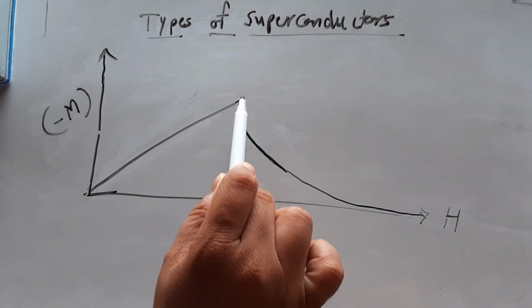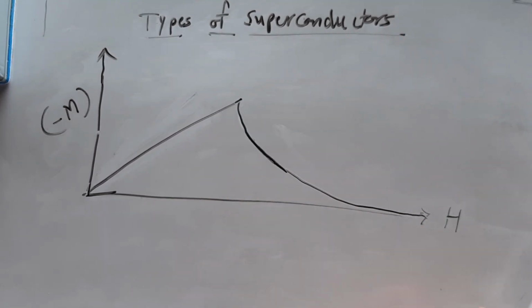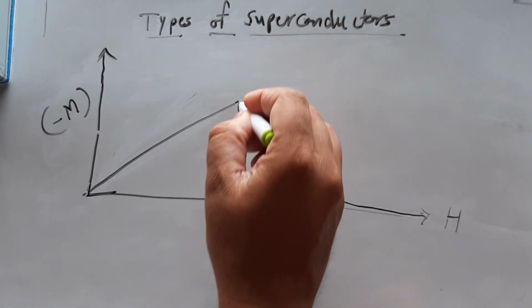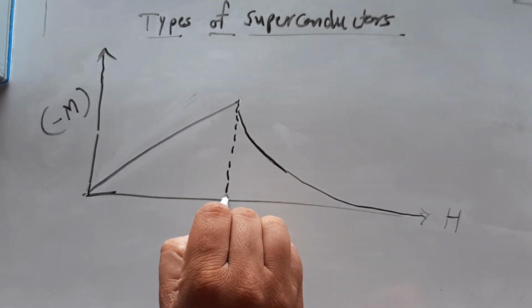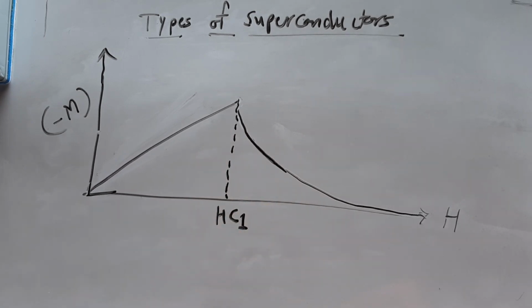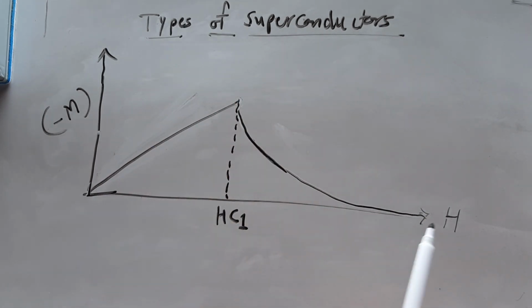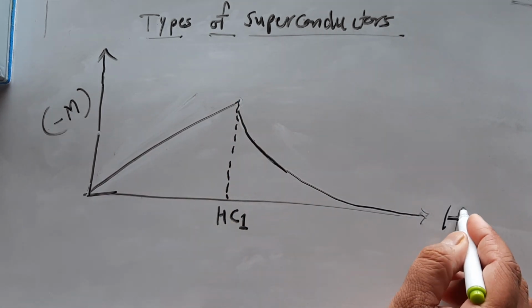So in reality its slope is very slow. Okay, so mainly it has three states. First, up to a certain value, give the name HC1, the magnetization will increase as you increase the external magnetic field.